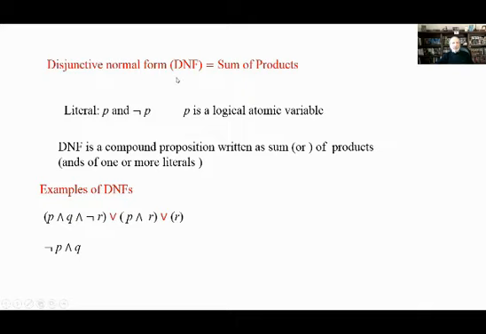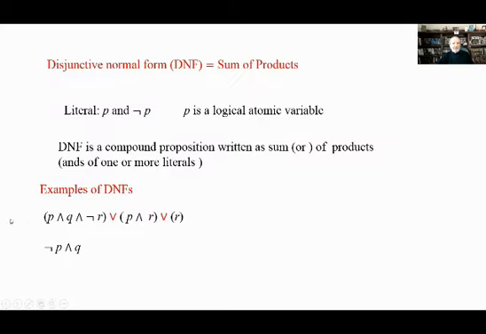Disjunctive normal form, DNF. To remember it, it is sum of products. So this one is a compound proposition written as a sum. Sum is or, okay? Of products. Products are ands. Of one or more literals.